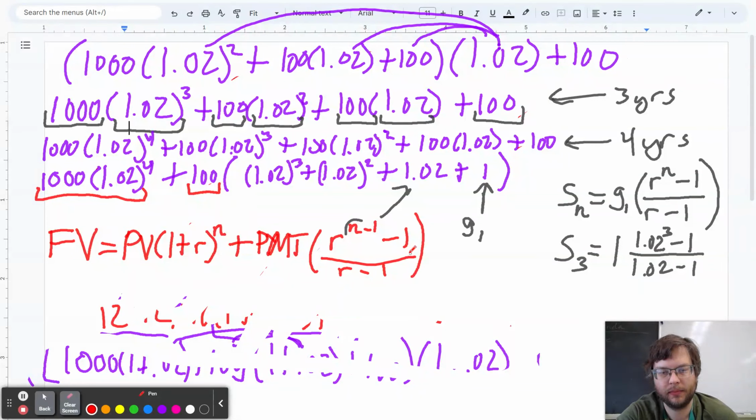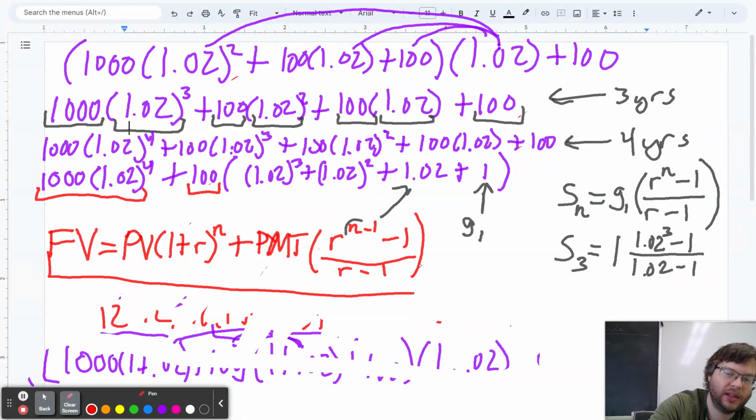Okay, so this is one version of the annuity formula that you can get.